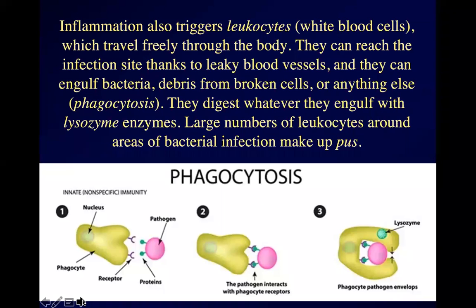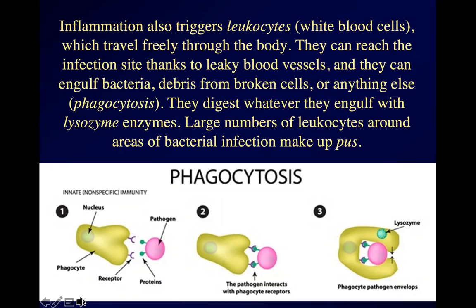That leakiness also lets the white blood cells crawl out and reach an infection site, and they can swallow bacteria or busted cells, broken up cell debris, or anything else they need to through a process called phagocytosis.